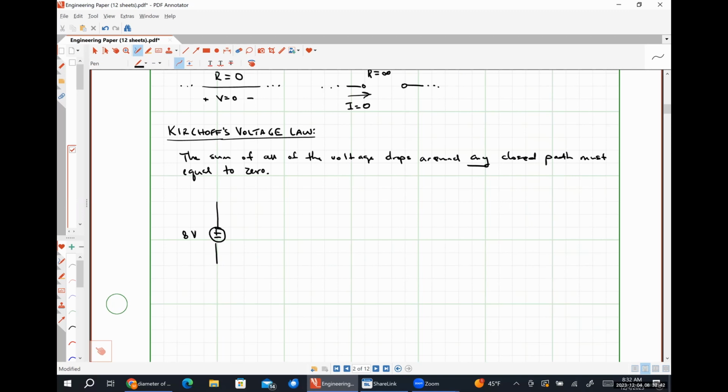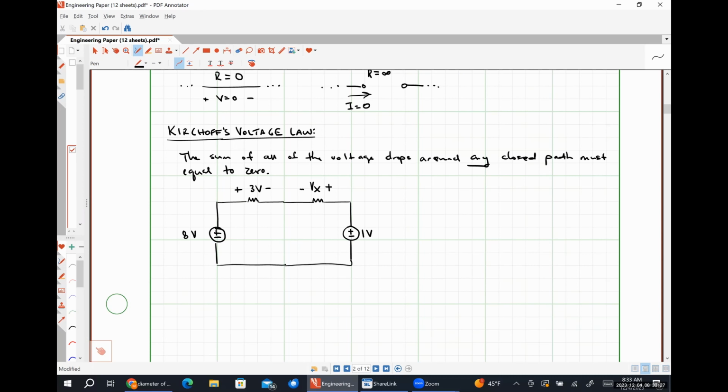Let's say that I have an 8-volt source like so, a resistance over which I measure a 3-volt drop, and a resistance over which I'm trying to find the voltage. Just for the sake of argument, let's put the negative polarity here on the left. I'm going to call this Vx. Let's put a 1-volt drop there.